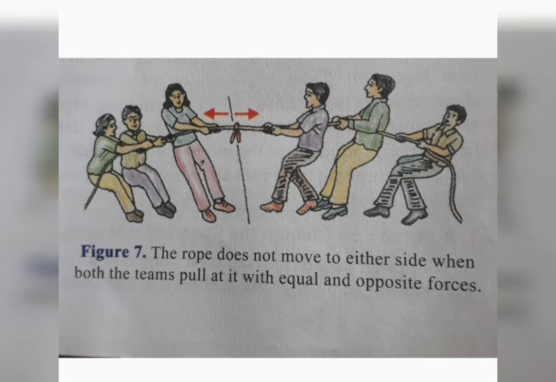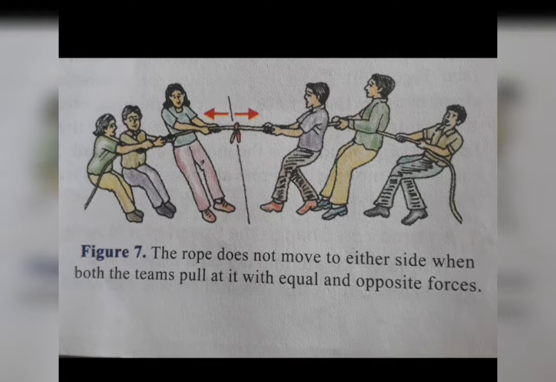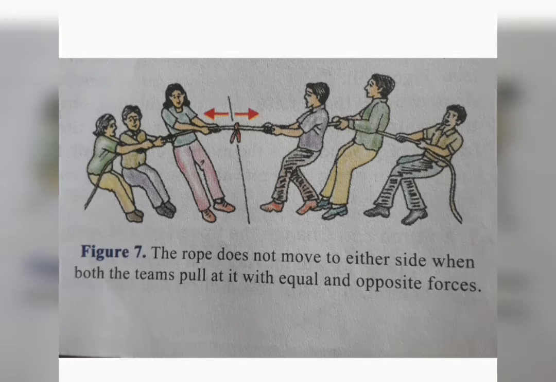Similar thing happens in the case of tug of war. This is a familiar example of this case of equal forces acting in opposite directions. In this game, two teams of persons pull a rope in opposite directions, right? Members of both teams are trying to pull the rope in their direction.